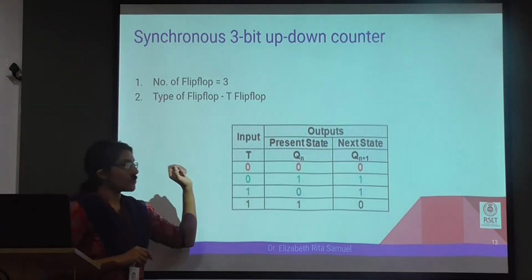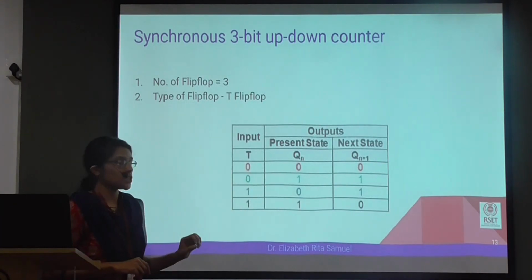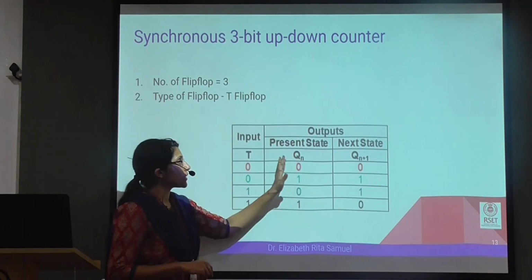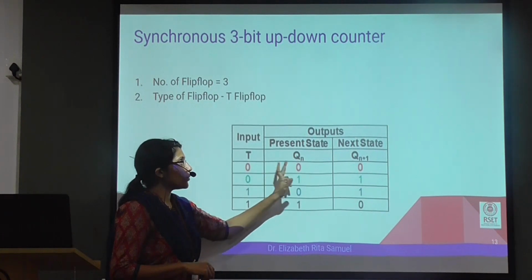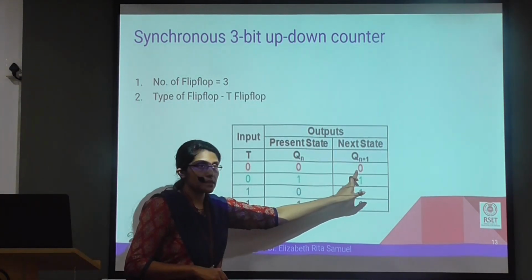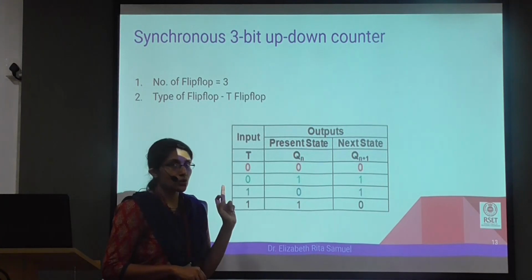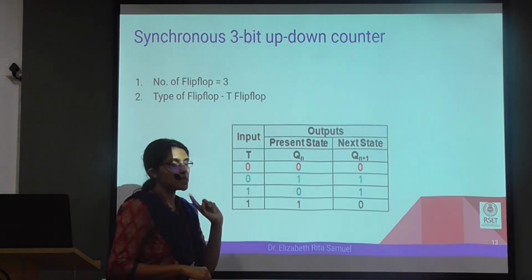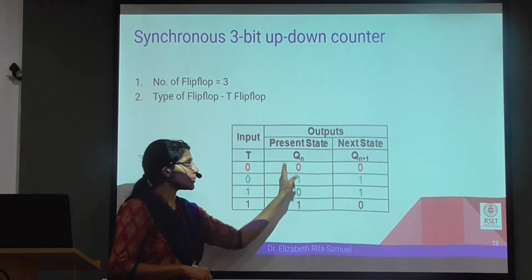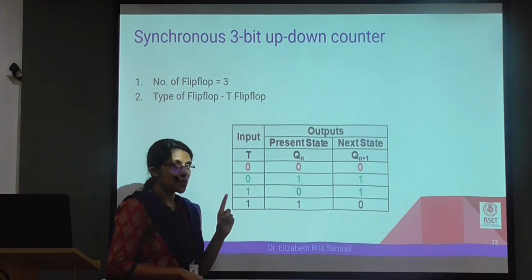So with T flip-flop, first we must be aware of the excitation table. In the toggling circuit, we know that if the previous value is same as the next value, then it means that there is no toggling, so the input T is 0. But if the next value is different from the previous, it has toggled, which means our T value is 1.